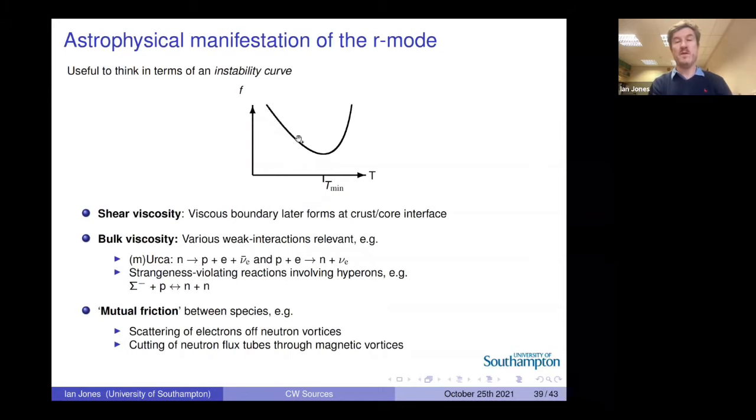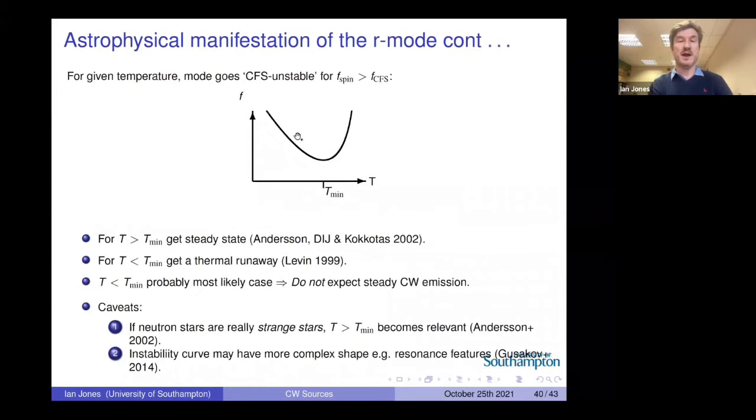And that's why I've not put numbers on this curve here. We're still not completely sure where to put the minimum in terms of temperature or spin frequency. The experts still aren't completely agreed on this. This also is an active area of research, trying to figure out just where this instability curve really should lie.